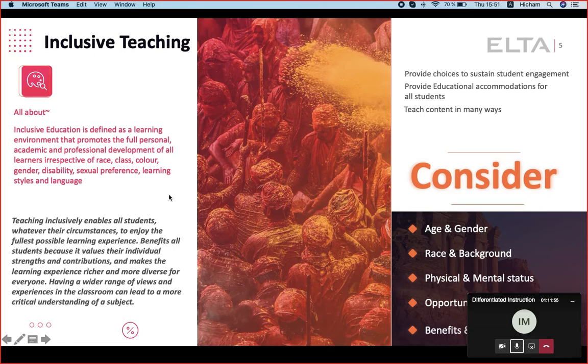So it's exactly the way we've been speaking about differentiated instruction, but this means that you need to include all the learning profiles and individualities regardless of color, prior learning, disability, or even the learning ability every student could have.